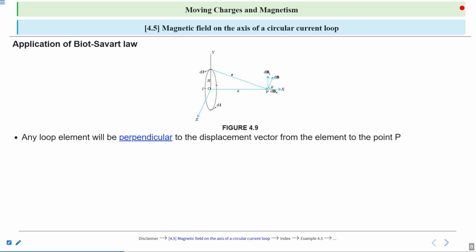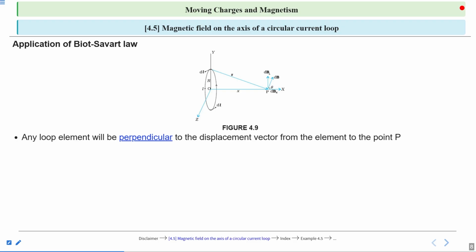Any loop element will be perpendicular. If we take any small element on the loop, it will be perpendicular to the displacement vector, because in each case the displacement vector will be in the XY plane and in each case the dl vector will be in the YZ plane, because the loop lies in the YZ plane.